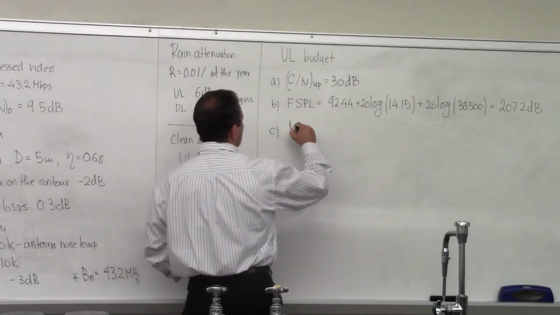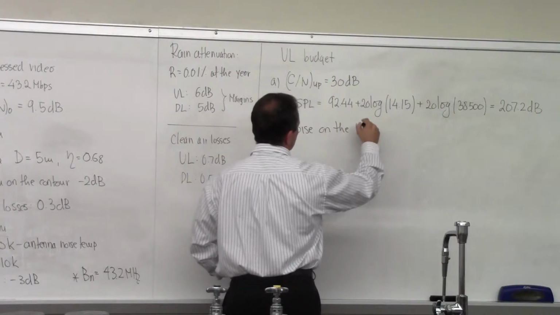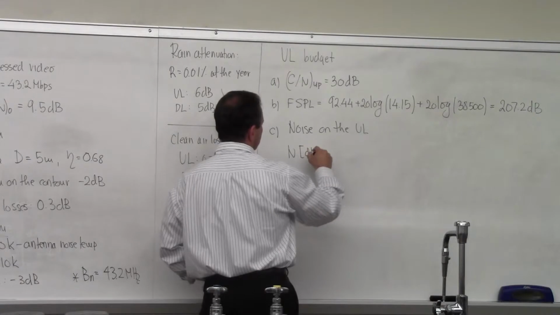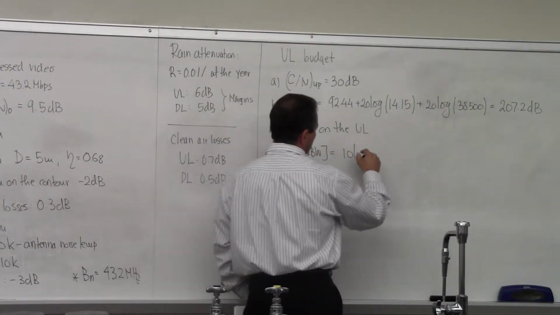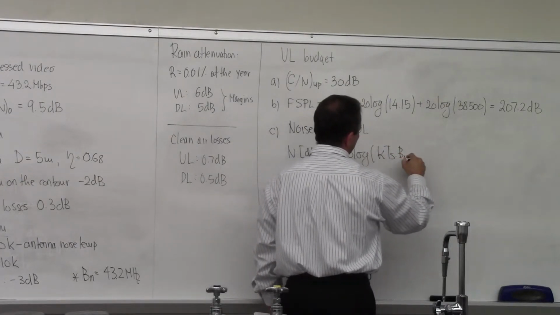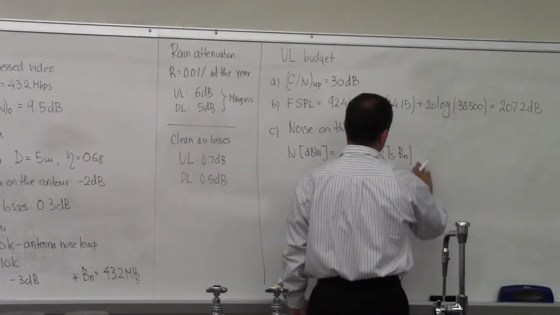So let's calculate the noise on the uplink. So noise in dBW is going to be 10 log of kT system times the noise bandwidth. Plus, that's it actually, there's no noise figure here.